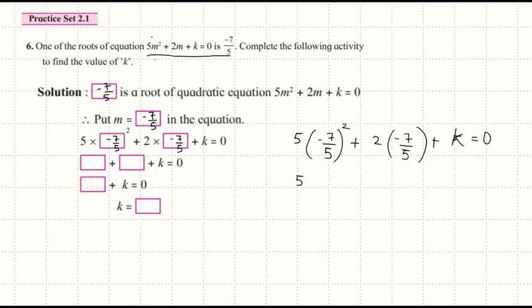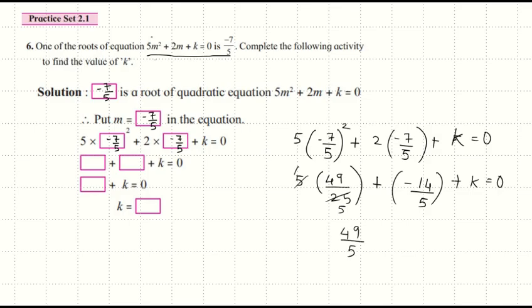This will give us 5 into 7 squares are, minus 7 into minus 7 is plus 49 upon 5 in 5 squares are 25, plus 2 into minus 7 is minus 14 upon 5 plus k is equal to 0. We will solve this further. 5 ones are 5, 5 fives are 25. So this is 49 upon 5. This plus into minus will be minus 14 upon 5 plus k is equal to 0.